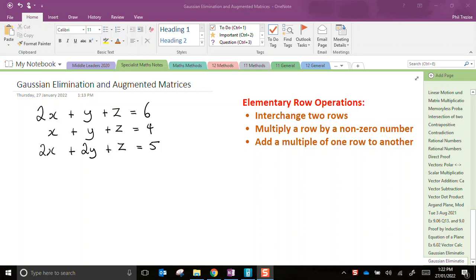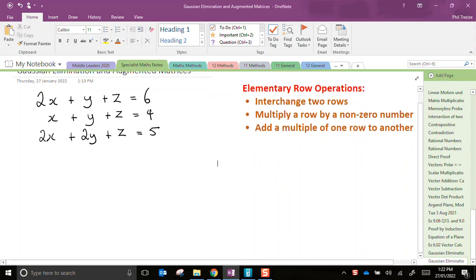Now, before we start solving these in the Gaussian elimination method, we're going to rewrite this and save ourselves an awful lot of space. So notice that I've got the X, the Y, the Z pronumerals all lined up neatly in order, and there are constants over here on the right-hand side. That's fine. So all I really need to work with is the coefficients.